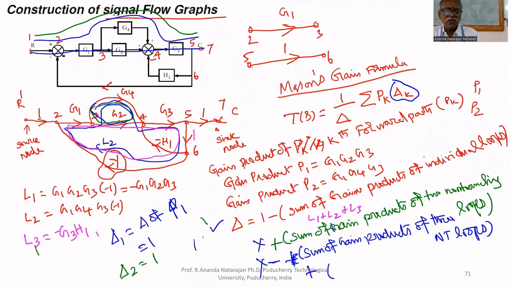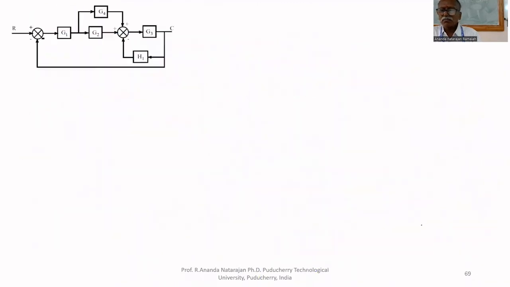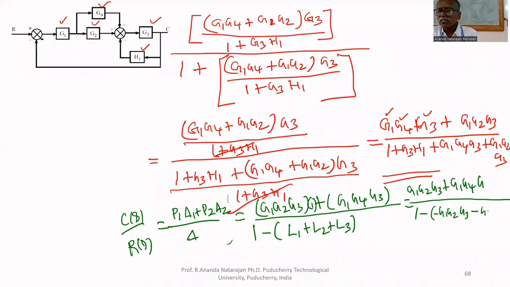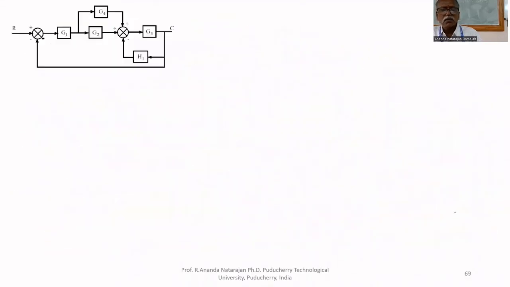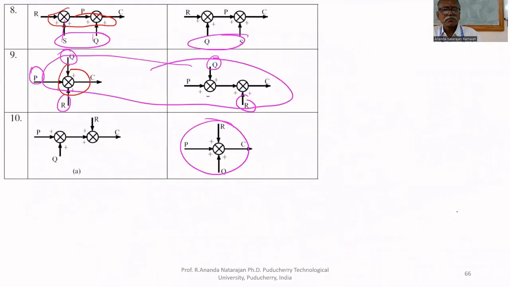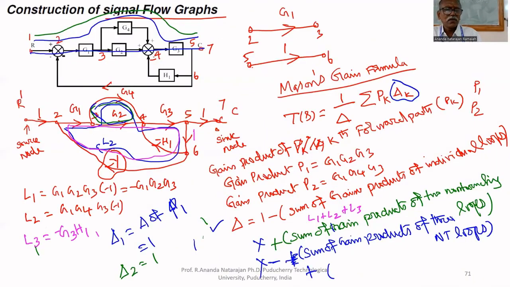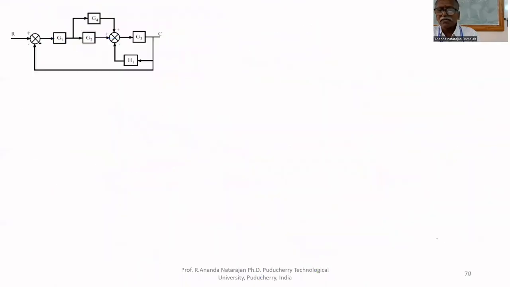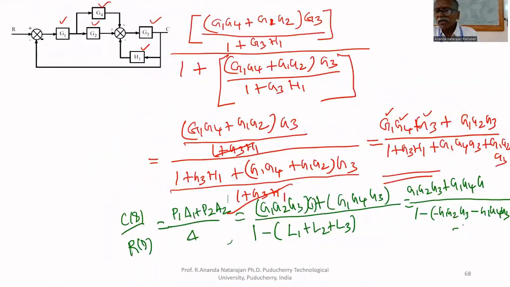L2 is minus G1, G4, G3. What is L3? Minus G3, H1.